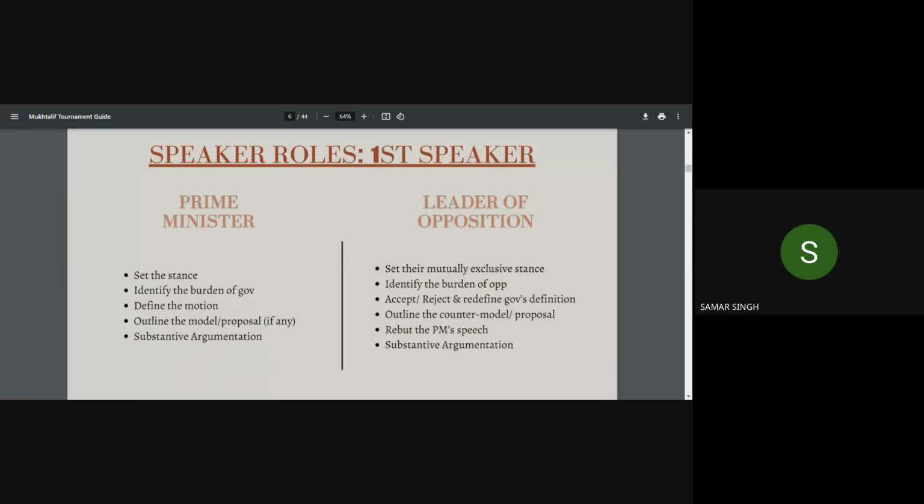I'm trying to force the opposition to engage with us, to talk to us directly, rather than both teams having a separate debate, where they are not answering each other, not questioning each other, and just having their own flow of debate. That would look very parallel, like two different debates happening within a single debate.